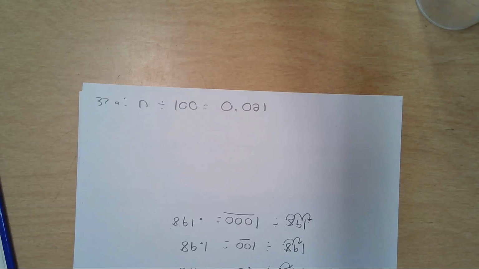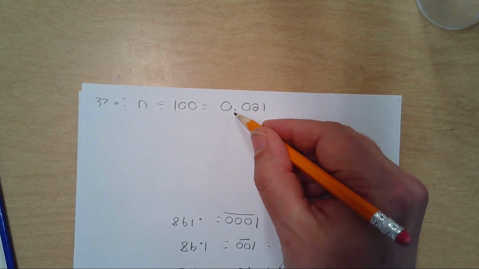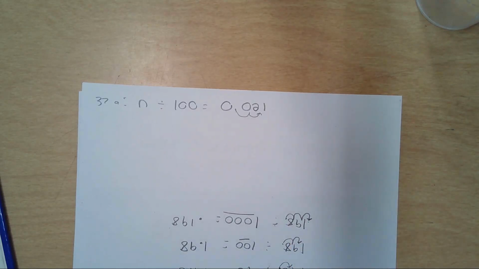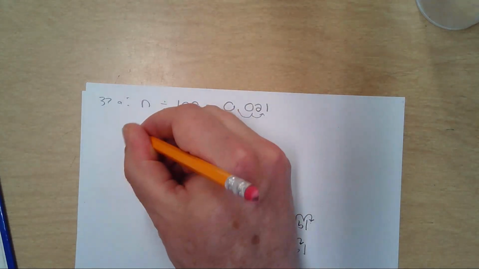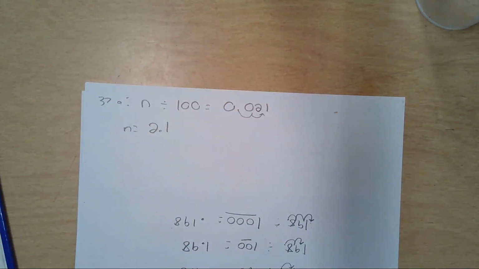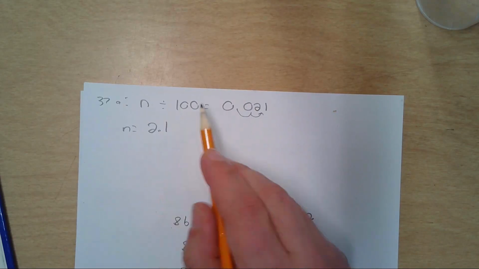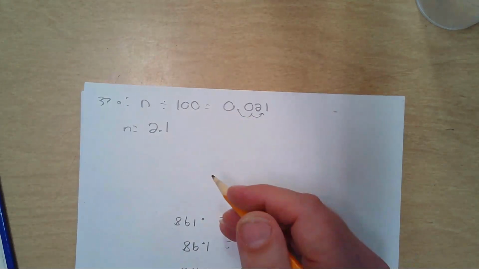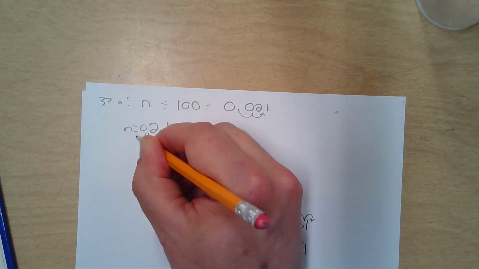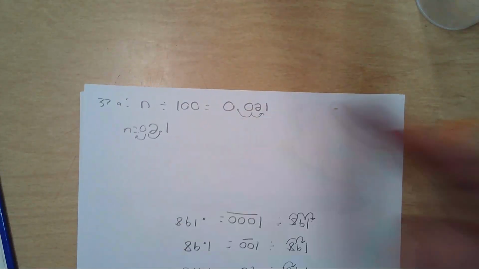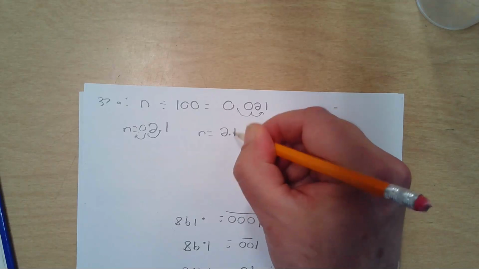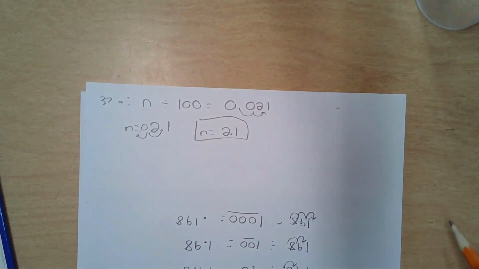So if I want to get back to where I started, I should just move my decimal 2 spots to the right. And where did that put me? At 2 and 1/10. And it's easy to check. If I take 2 and 1/10, divide by 100, my decimal should move 2 spots to the left. 1 spot, 2 spots. And that's right back to where I started. So n would be 2 and 1/10.